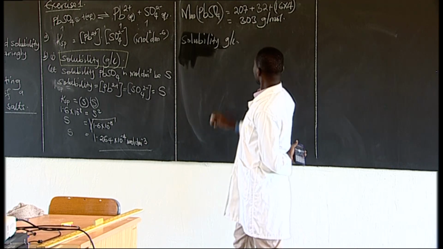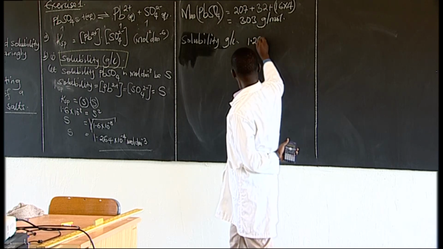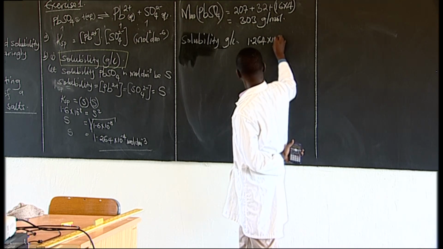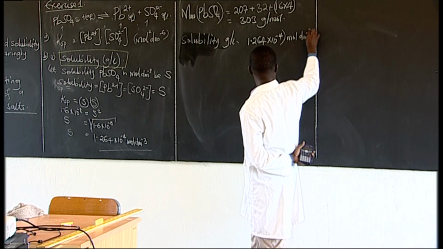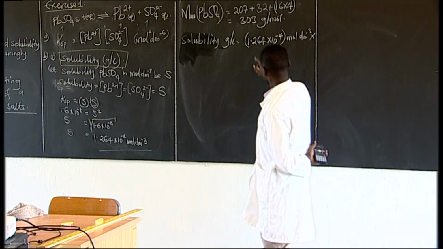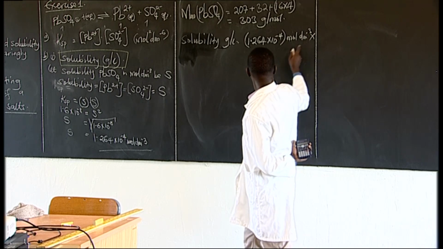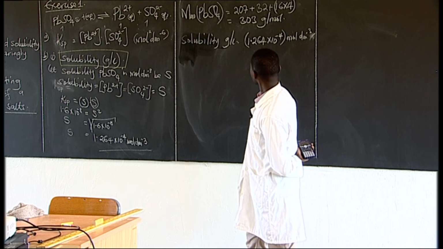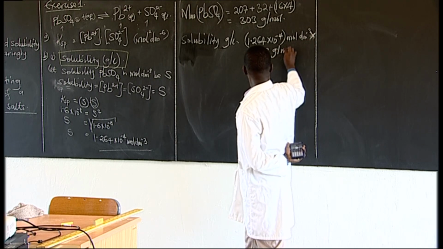We multiply it by the molecular mass. 1.264 times 10 to the negative 4, this is in moles per decimeter cubed. Then we multiply it by the mass, 303 grams per mole.